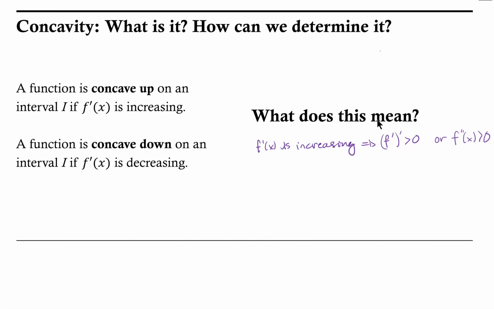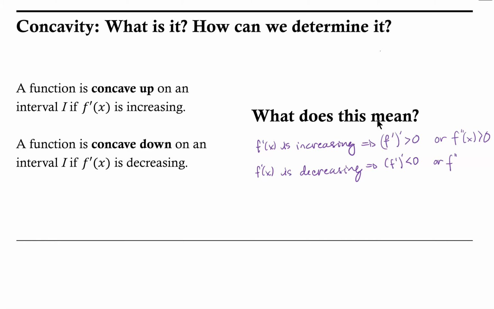We say a function is concave down on an interval if f prime is decreasing. So f prime of x is decreasing, which kind of implies that the derivative of f prime is negative because it's decreasing.